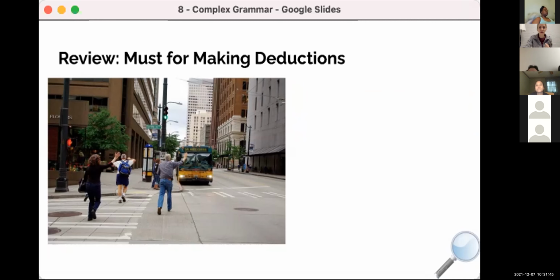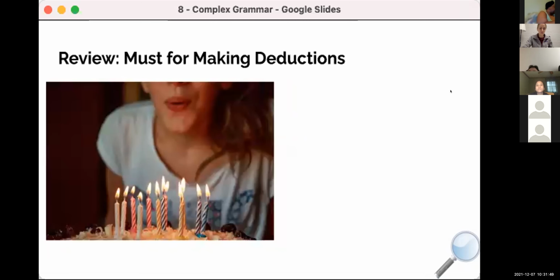All right, let's look at another picture and make a deduction based on this picture. Birthday. They have the cake, they have the candles, that's surely a birthday. All right, so let's turn that idea into a sentence using must.